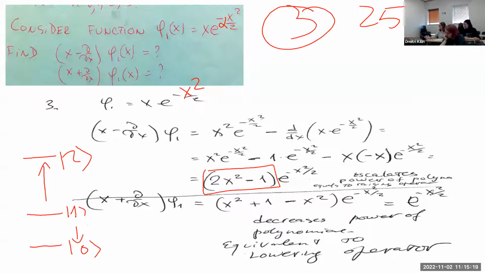And when we apply this combination of linear function and derivative, what do we get? What happens to the function? I have no doubts that you completed this, but when you apply this combination of x and derivative to function one, what do you get as a result?